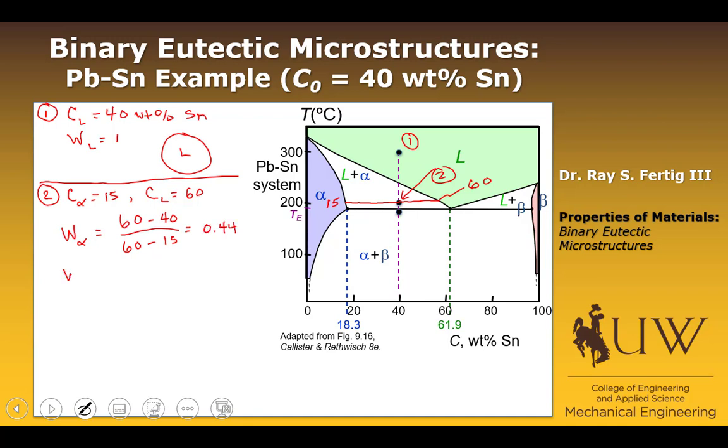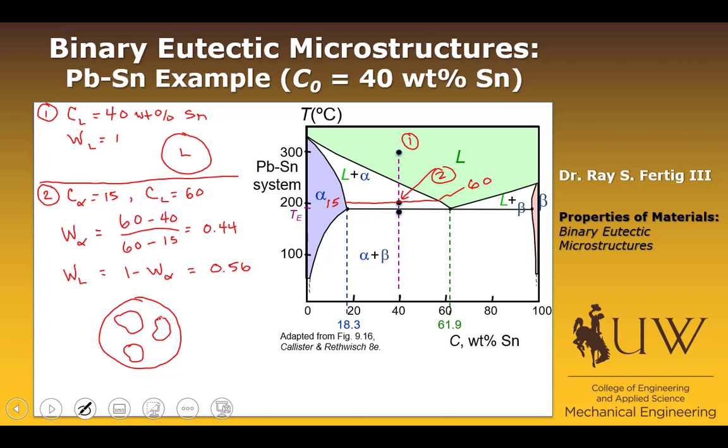And we could then say that the weight fraction of the liquid is going to be equal to just 1 minus the weight fraction of alpha, which would be 0.56. And so we have 44% alpha and 56% liquid. So if we draw that microstructure, that's also pretty easy to draw. We'll go ahead and there's our alpha grains.